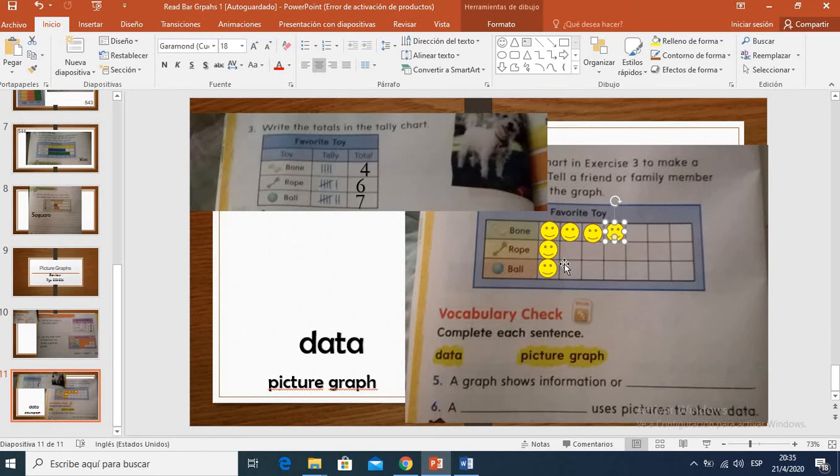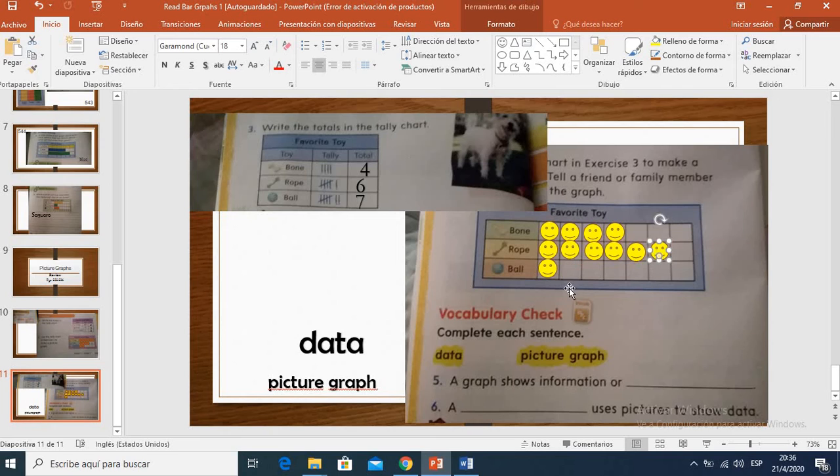Ready? Now, for the rope, how many? 6. I have 1, 2, 3, 4, 5, and 6.